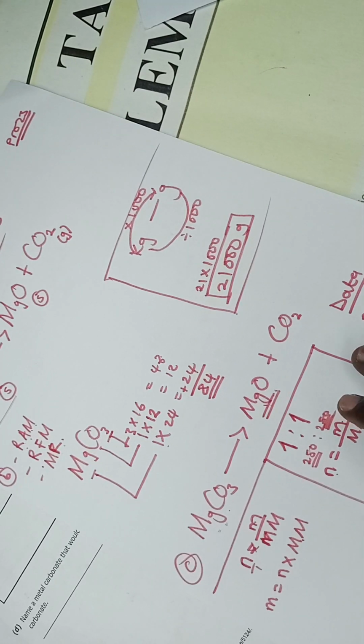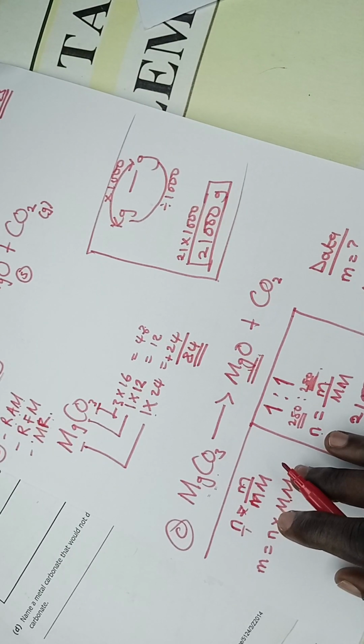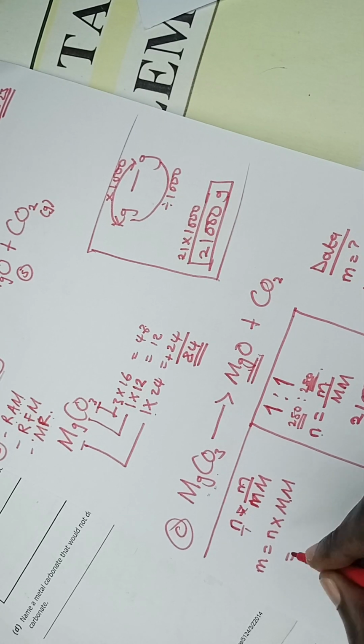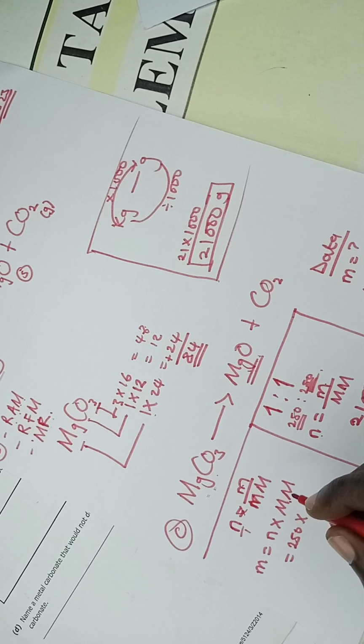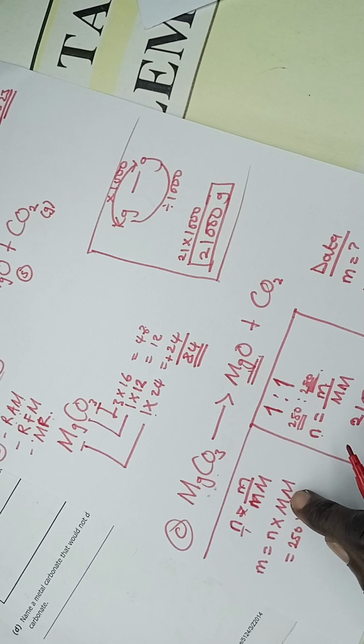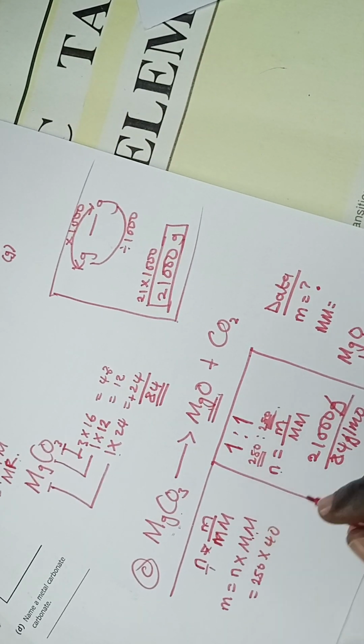Then we go ahead and find the mass. So the mass for magnesium oxide is equal to number of moles, which is 250, multiplied by the molar mass. We have already found the molar mass for magnesium oxide, which is 40 grams per mole, so multiplied by 40.